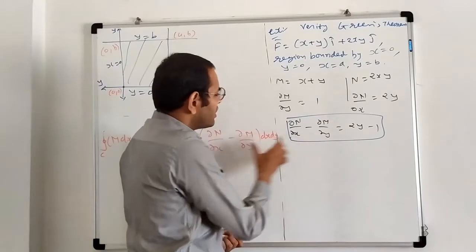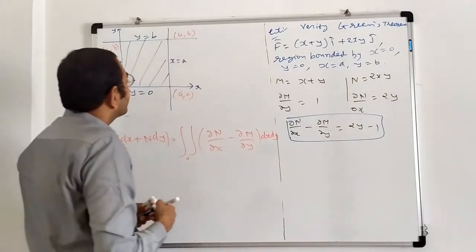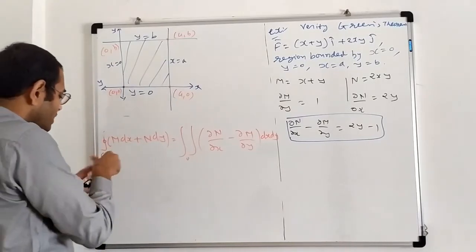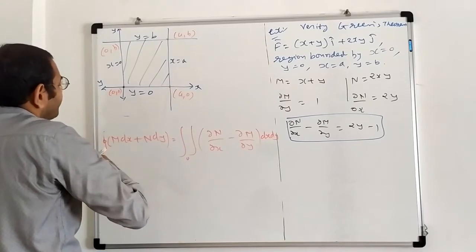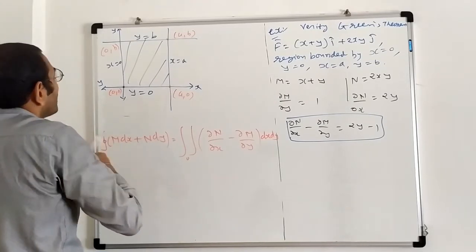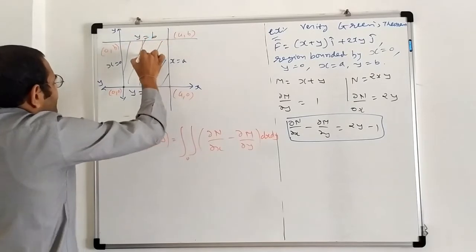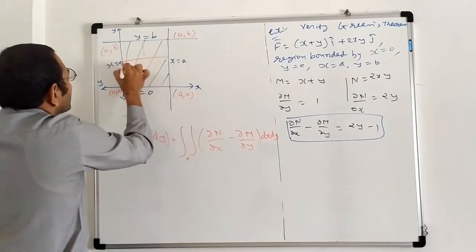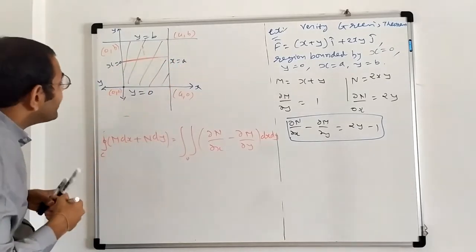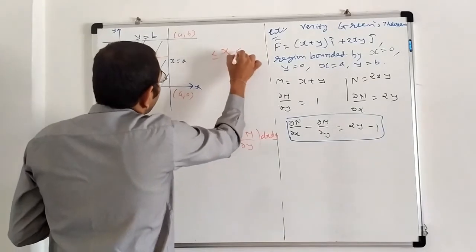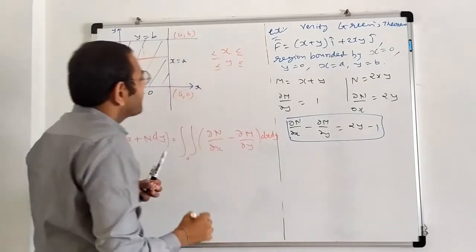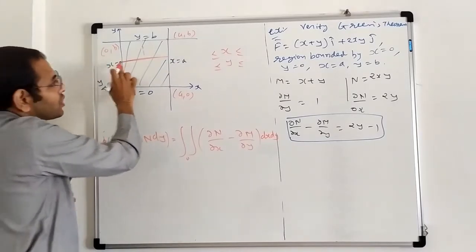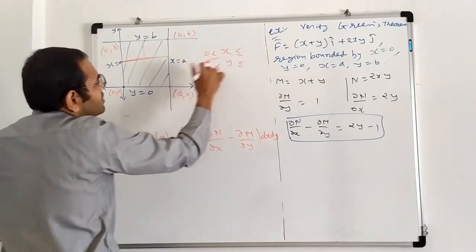Now substitute these values in this equation, and first of all we take a vertical strip as well as a horizontal strip. In this diagram, for the strip, the limit of x and y: at this position the value of x is 0, and at this position the value of x is a.